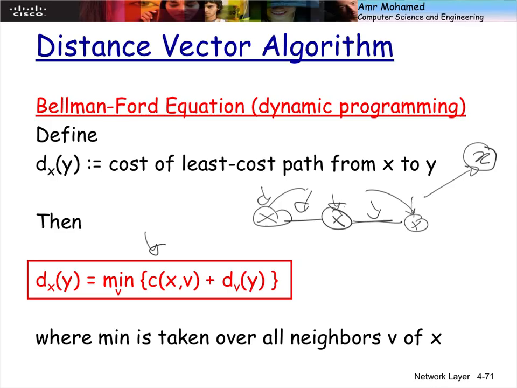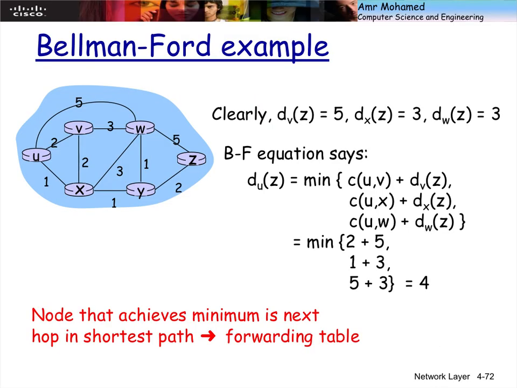So when I receive a vector of distances from the neighboring nodes, I can always reach that destination by going through one of the neighboring links, which I know the cost for, plus the distance between my neighbor and the final destination. And that's the tricky part, okay? So we'll see that by example today.